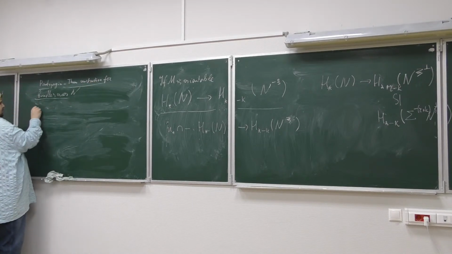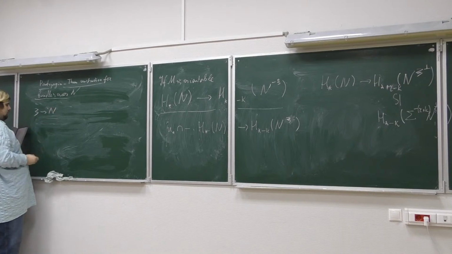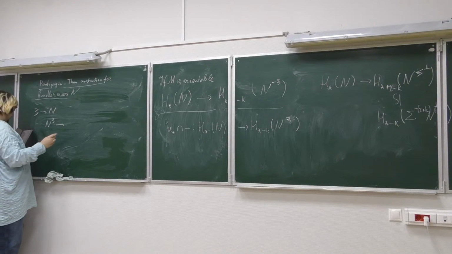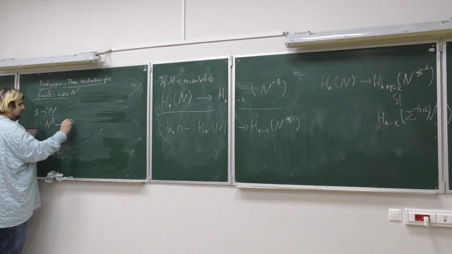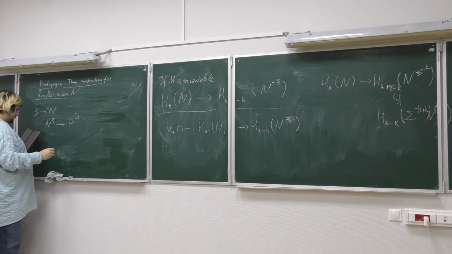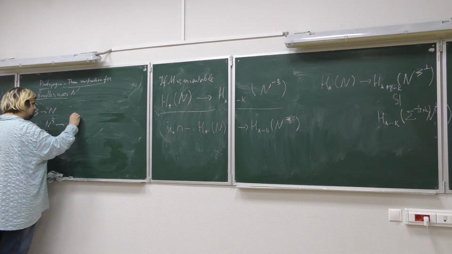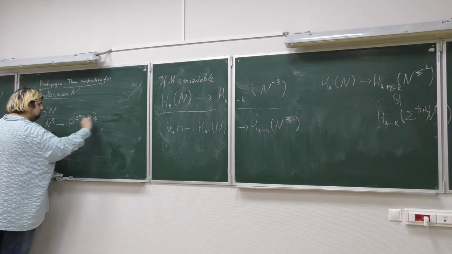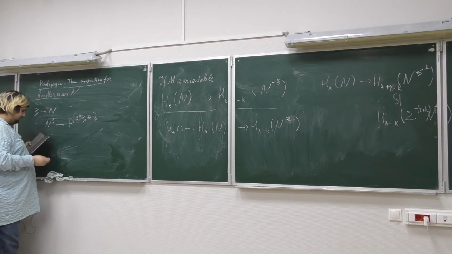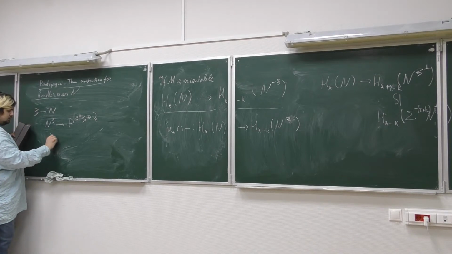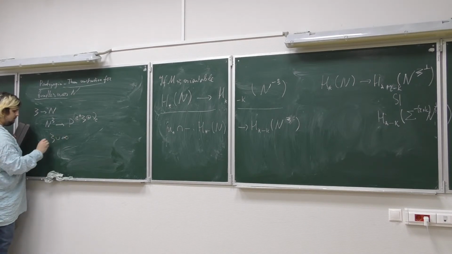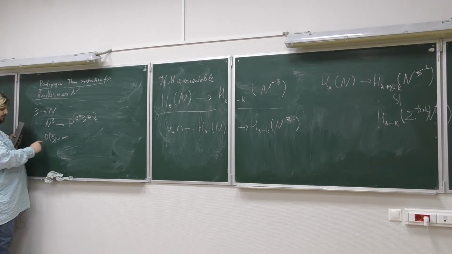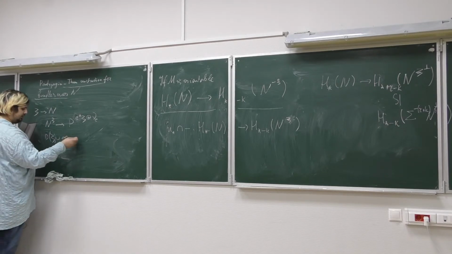So what we do here, if we have a bundle zeta over N, then we have a map from the Thom space of this bundle to the following Thom space. So how does it work? First of all, we have a Thom space here, which is just this, or just zeta if we consider open disks, so everything works.